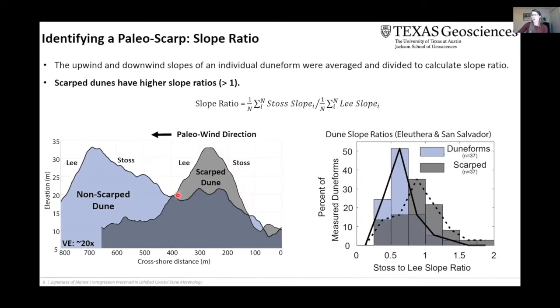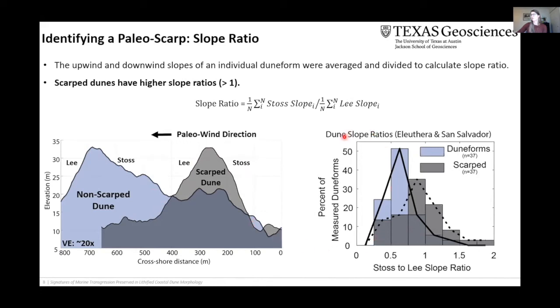The gray is a scarp dune and the non-scarp dune is again in purple. And you can see that in form and in profile, the non-scarp dune has secondary bed forms moving up the stoss side. They tend to be wider and lower angle on the upwind side, whereas the scarp dunes have a smoother face, steeper, and a much more symmetrical profile.